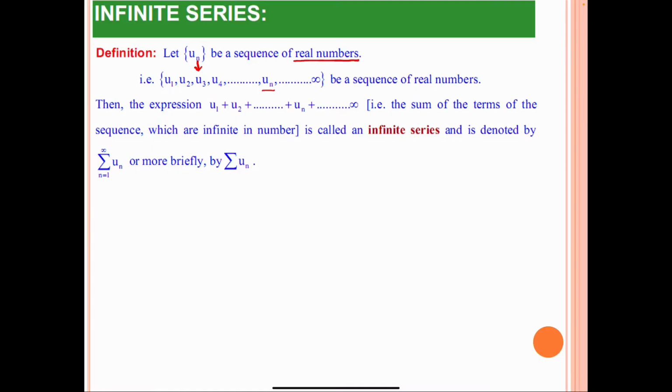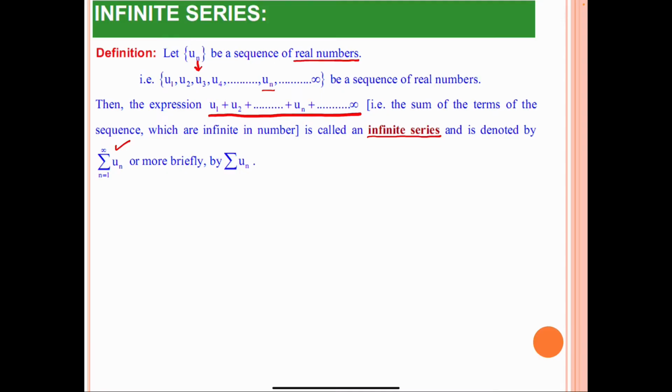That expression, that is the sum of the terms of the sequence, which are infinite in number, is called an infinite series, and is denoted by summation n=1 to infinity un, or more briefly by summation un.